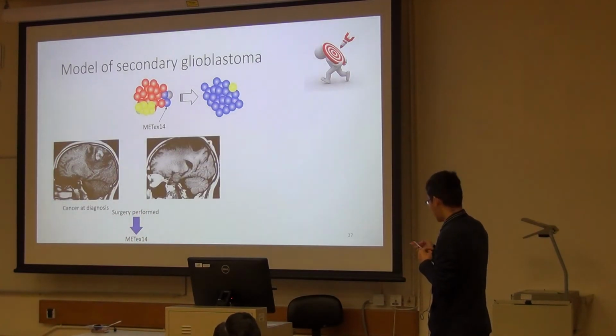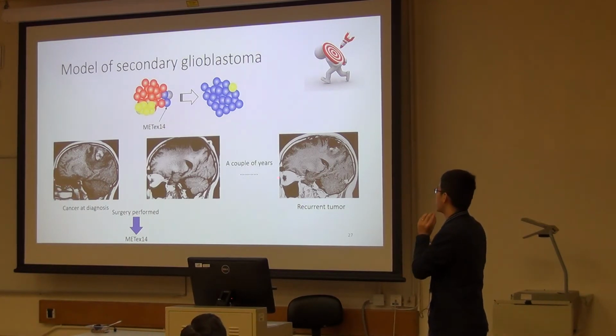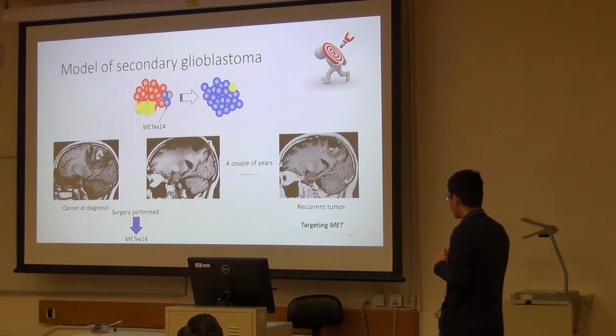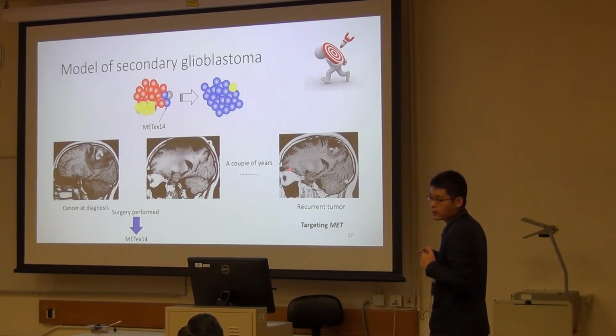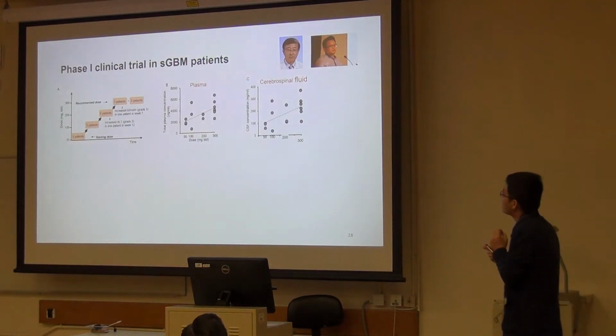So with this logic, if we get a sample from the first surgery, and we find this mutation, then we can predict that when the patient comes back to the hospital, we can actually target the MET alteration at the recurrence. So this is our logic.